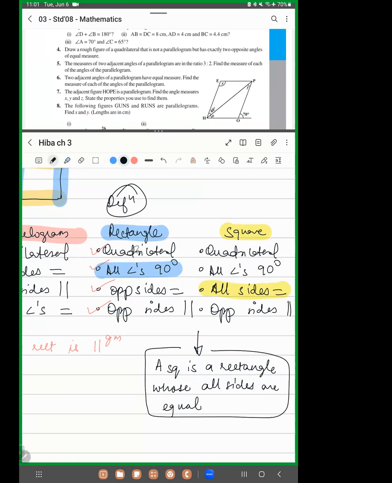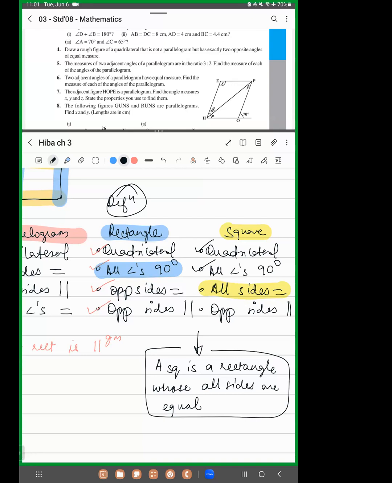Rectangle में क्या है? Quadrilateral होना चाहिए. Square is a quadrilateral. Rectangle में all angles are 90. इसमें भी all angles are 90. Rectangle में opposite sides are equal. Square में all sides are equal, but opposite sides are also equal, na?